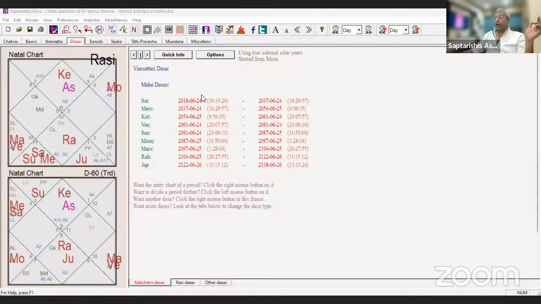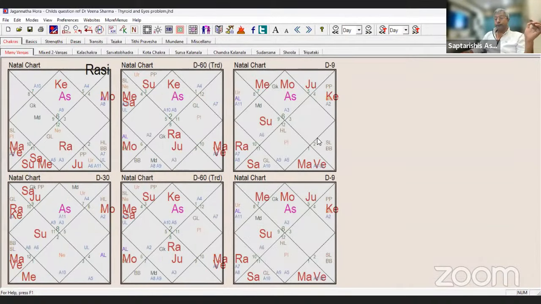Okay, sir. Strengthen your Jupiter, especially if your Jupiter is with Rahu or has any connection with Rahu. Okay, so you're seeing in the Rashi chart, Rahu is in Jupiter's sign.